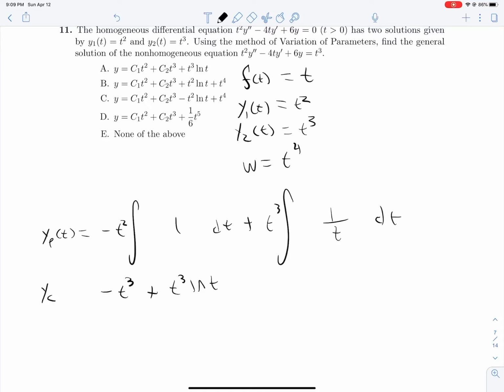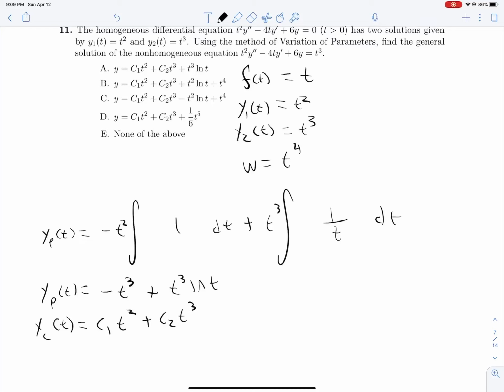So this is our yp of t. Yc of t will just be c1 times y1 of t, which is t squared, plus c2 times t cubed.